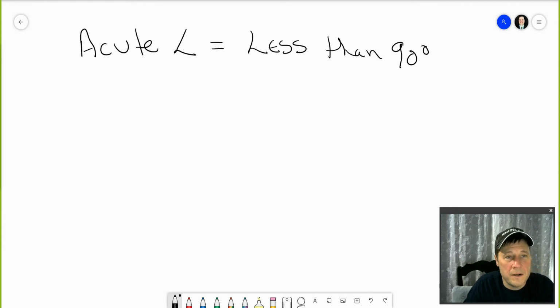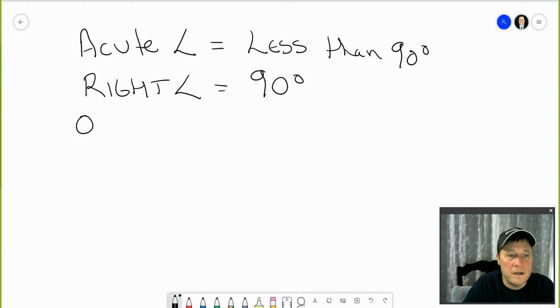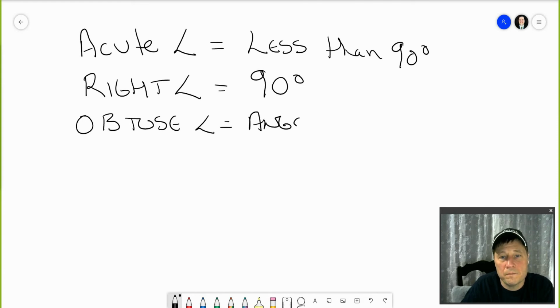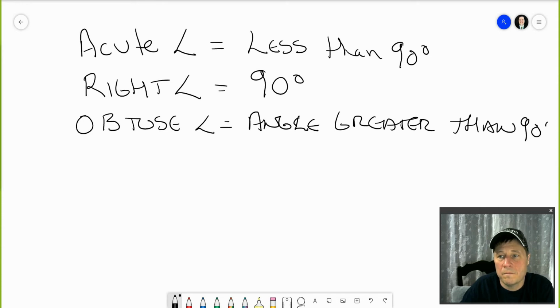Of course, a right angle is 90 degrees. An obtuse angle is an angle greater than 90 but less than 180.